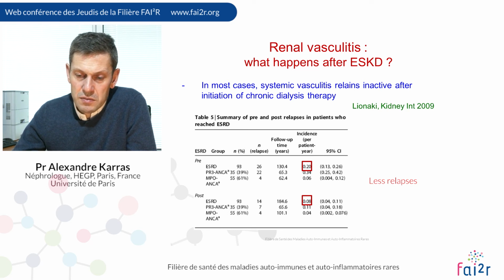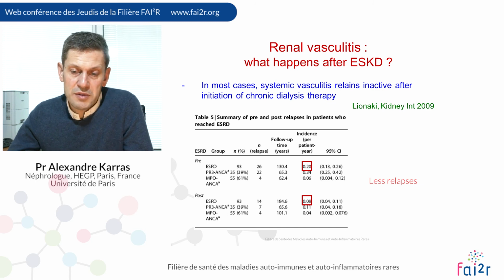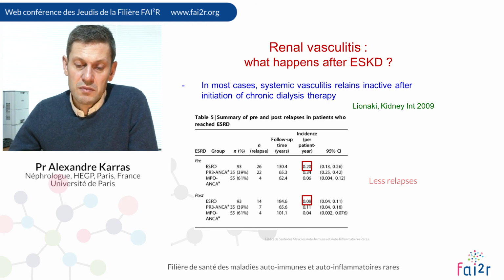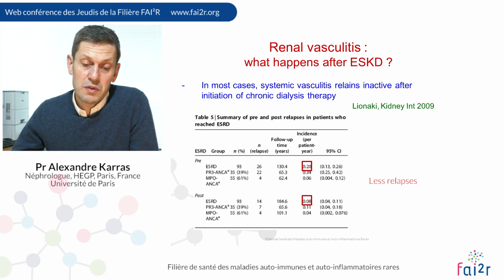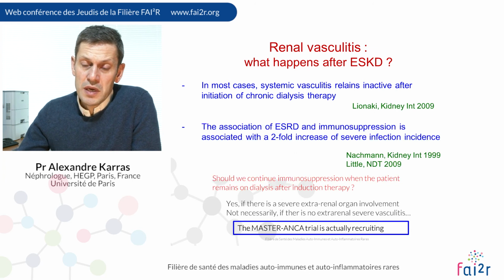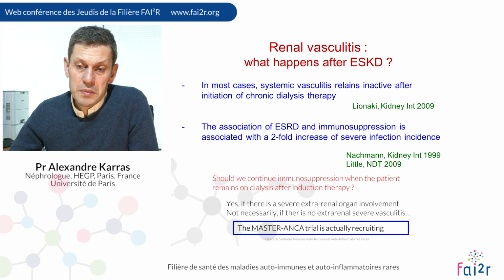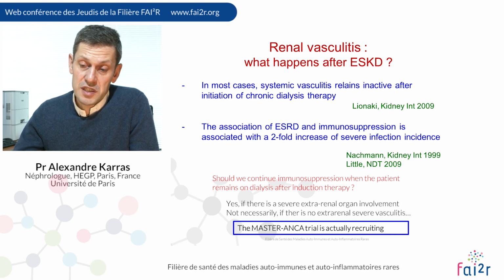In this study published in 2009, we can see that the incidence of extrarenal relapses is much rarer in patients after initiation of dialysis. On the other hand, we know that the association of end-stage renal disease and immunosuppression is associated with a twofold increase in the incidence of severe infection.